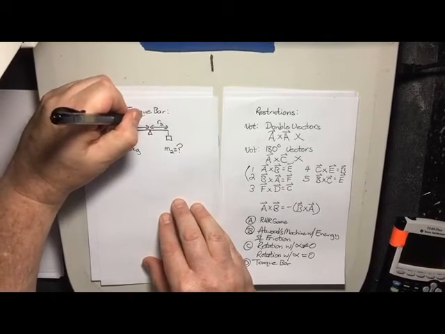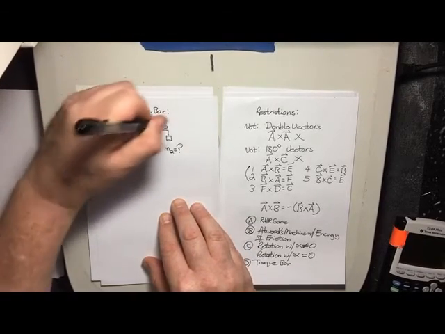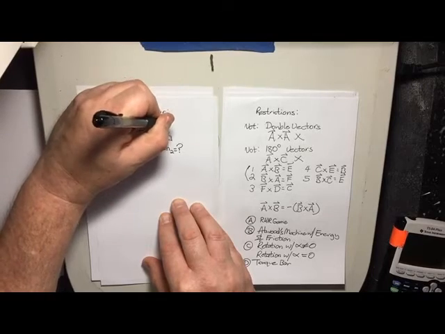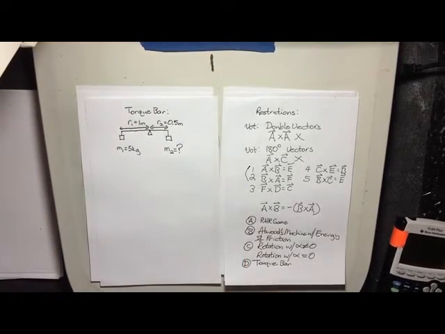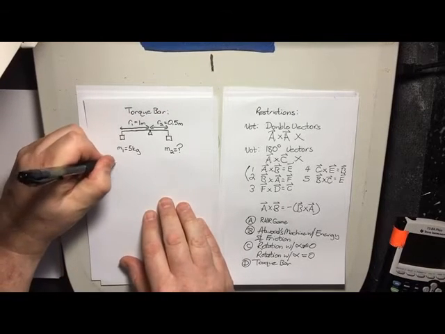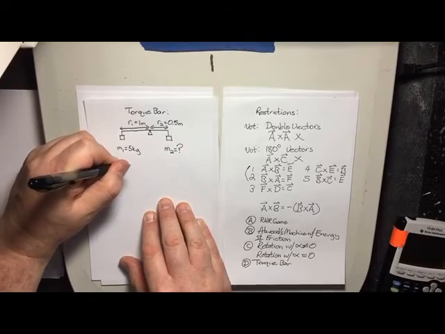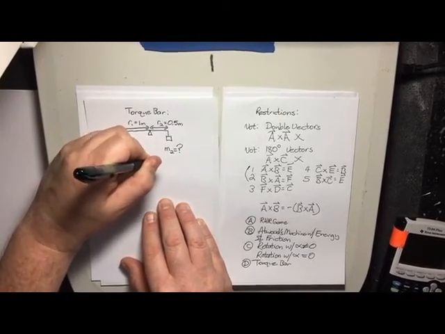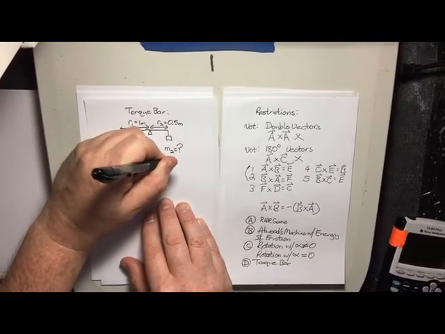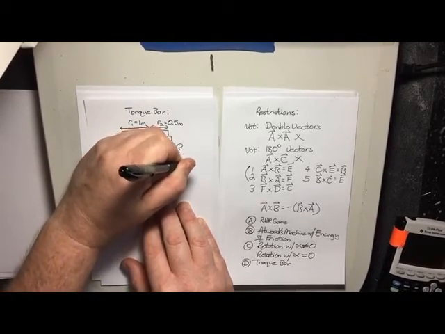R1 has a distance of 1 meter. R2 has a distance of 0.5 meters. And what is it doing? It's at rest. It's doing nothing.